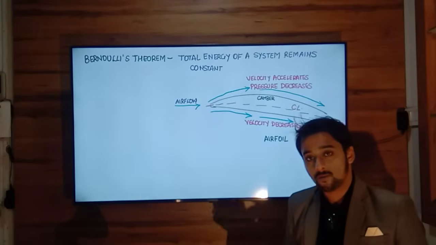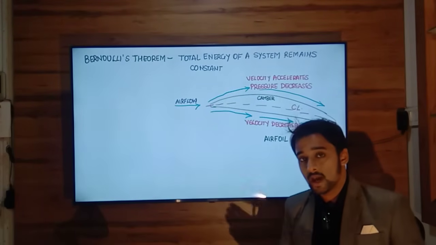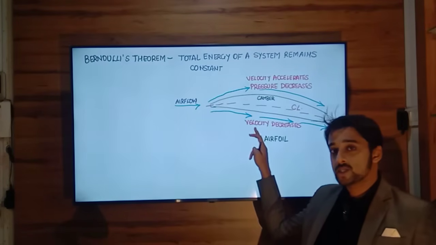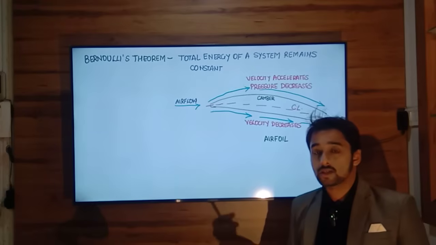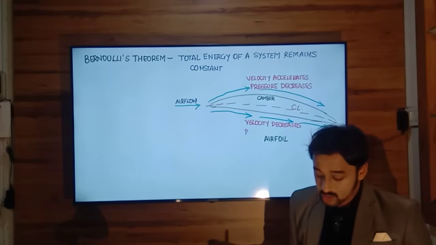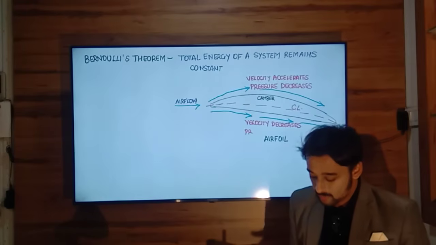As a consequence of it, following Bernoulli's theorem, a decrease in one element should be followed by an increase in another element. So if velocity has decreased, something else should increase. Pressure will increase.